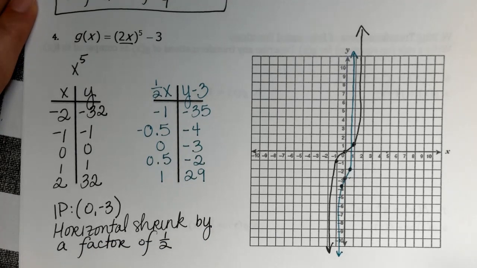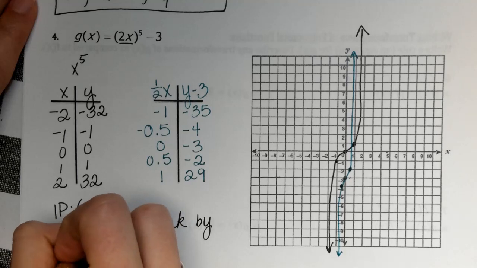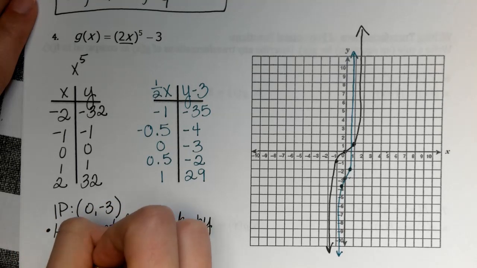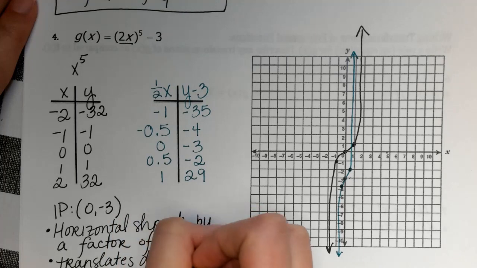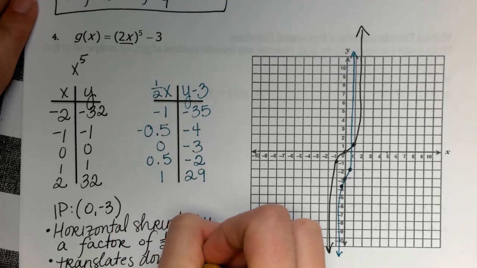So make sure if it happens to x, you say horizontal. If it happens to y, it's vertical. Okay? And then what else happened? Translates or shifts down 3 units.